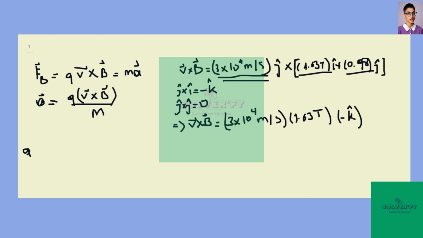So then our acceleration is going to be equal to, let's plug in the charge also.